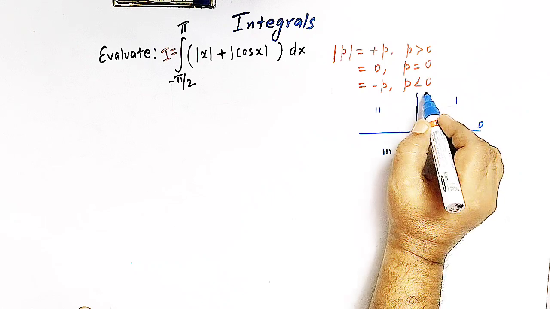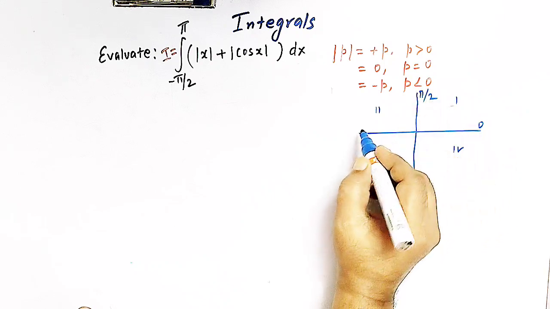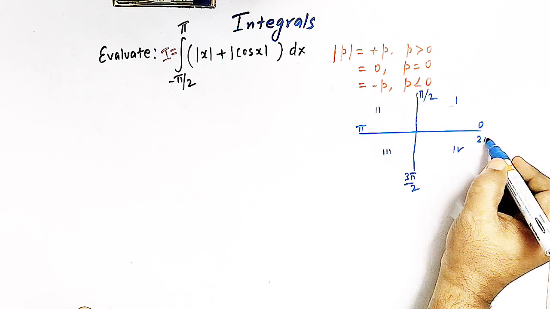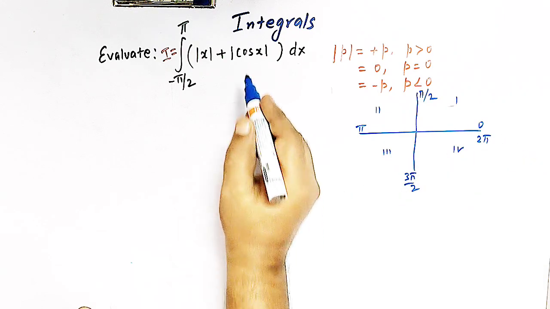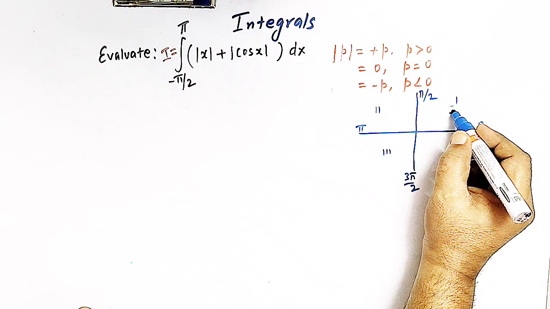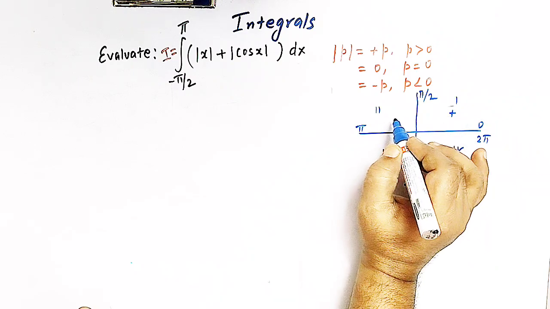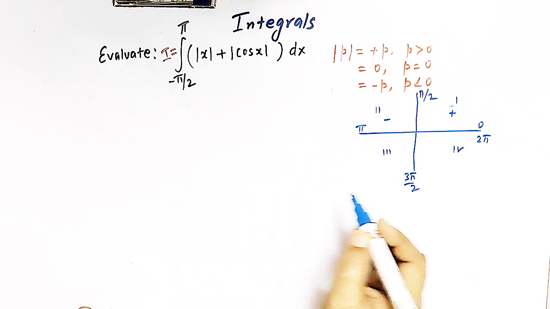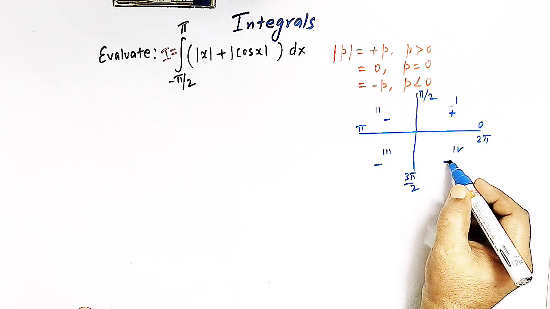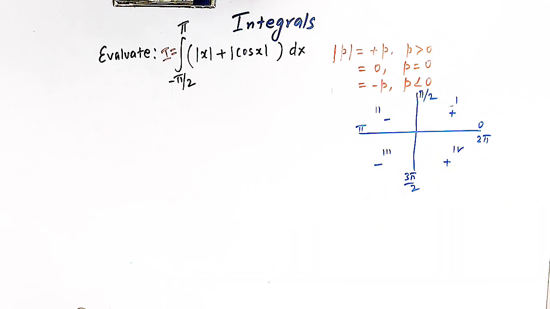Here we have 0, here pi by 2, this is pi, this is 3 pi by 2, and here we have 2 pi. We know that the cosine function is positive in the first quadrant, negative in the second quadrant, negative in the third quadrant, and positive in the fourth quadrant.